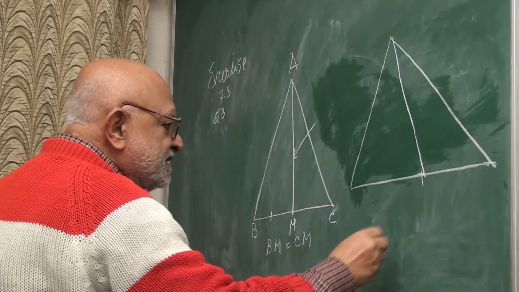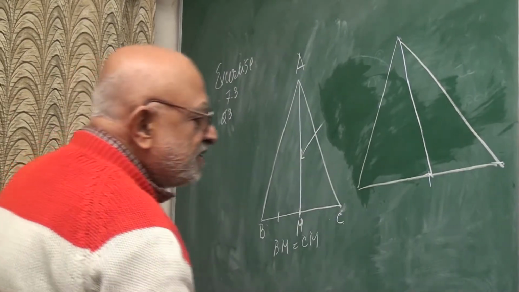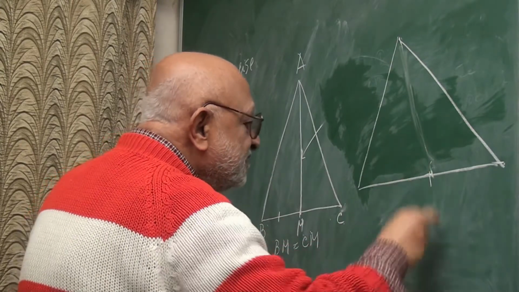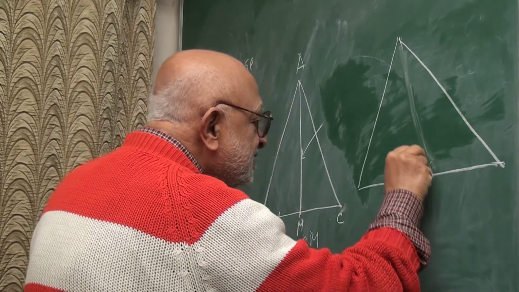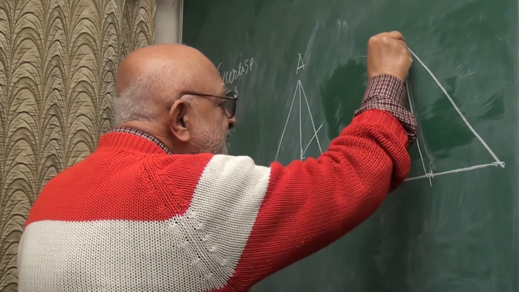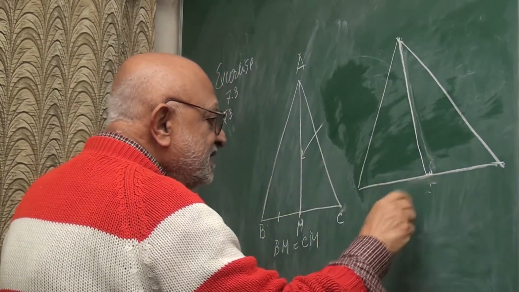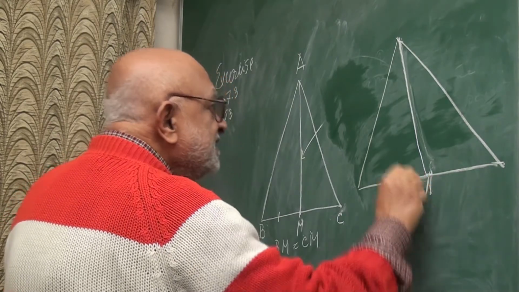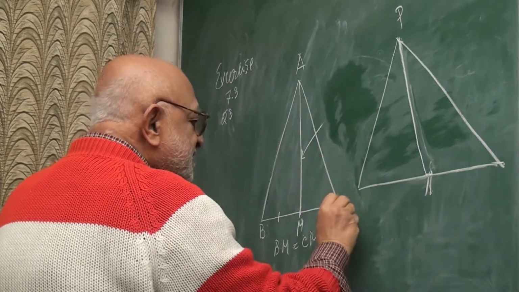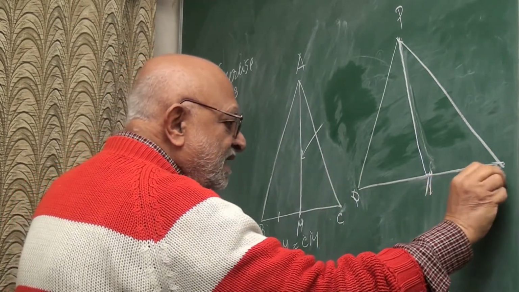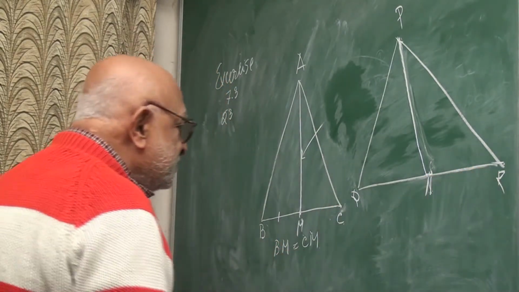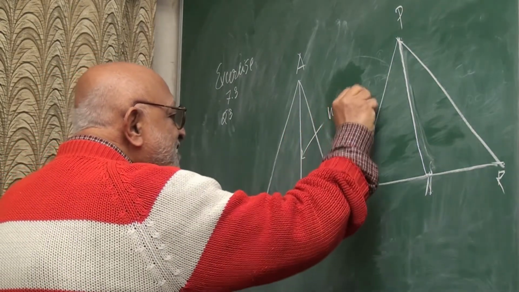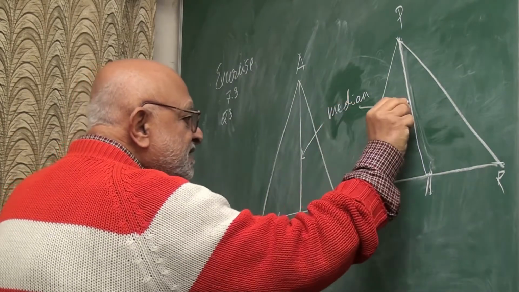Okay, so this is what I have drawn. It seems this is a little bit on the other side, so I will start it here so that it looks more representative. Okay, so this is your N, this is P, this is Q, and this is R. So this is median, this is median.